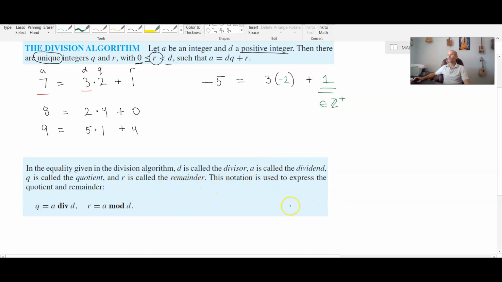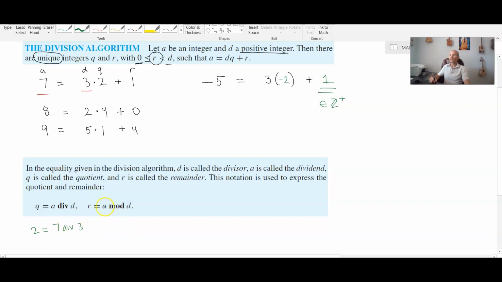This notation is used to express the quotient and remainder. Q is equal to A div D. So in this example up here, we could say that 2 is the quotient of 7 divided by D, which is 3. In other words, 2 times 3 is 6. That's the number of times that we can extract 3 from 7.